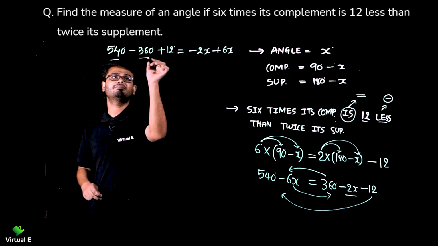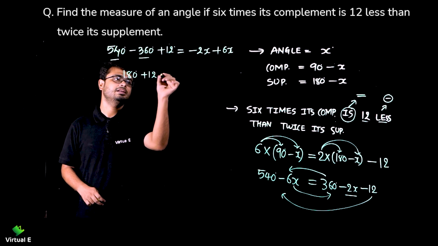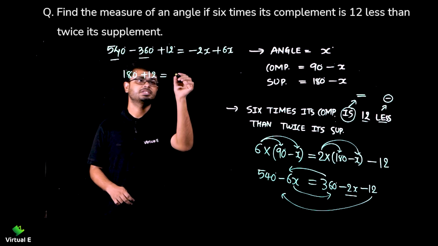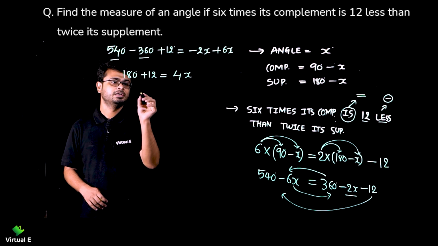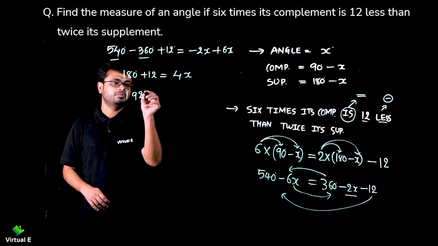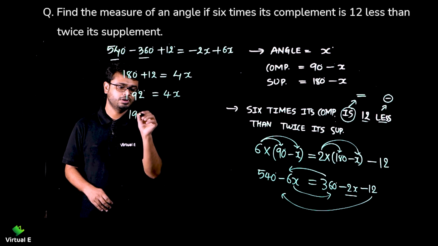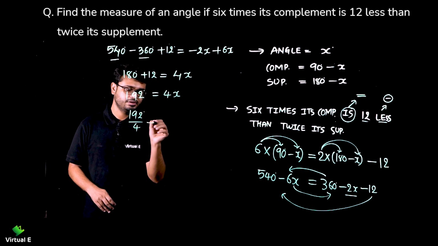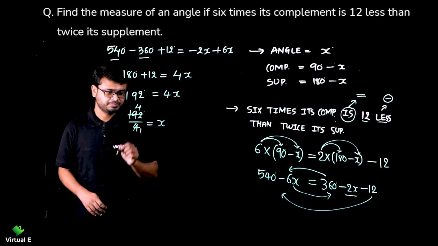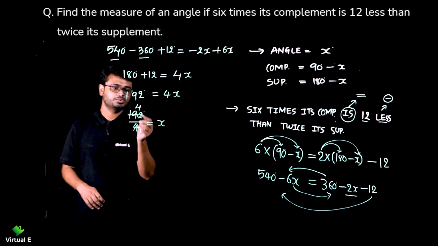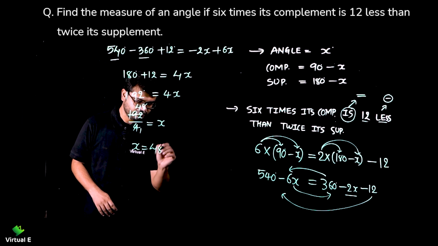So 540 minus 360, that is 180 degree, plus 12, here minus 2x plus 6x, that is 4x. Now let's add them up. 192 is equal to 4x. Now 4 goes into the denominator, so 192 divided by 4 is equal to x. The value of x is 48.